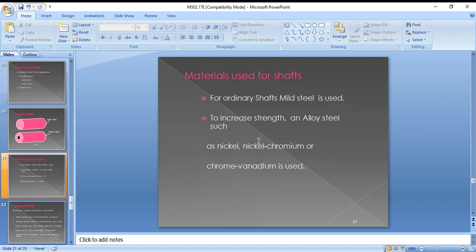So next is shaft materials, the materials used for the shaft.